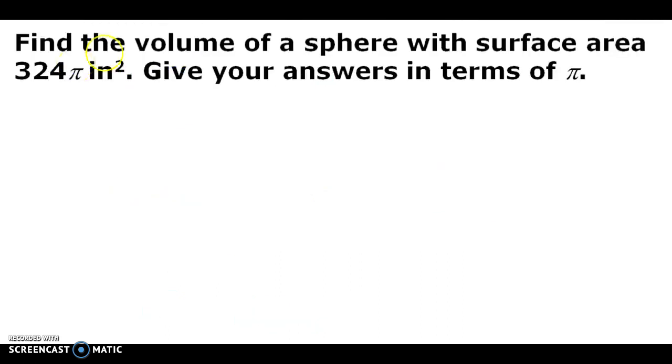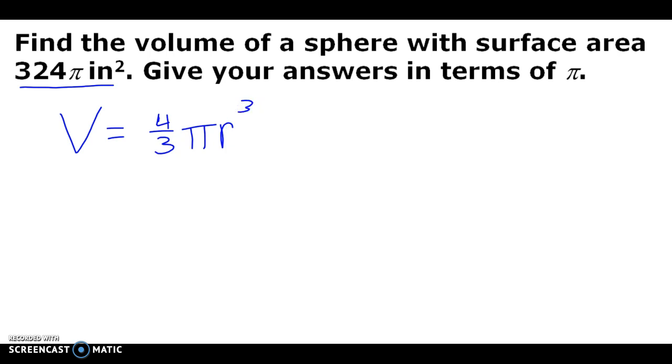So we're finding the volume of a sphere with a surface area of 324 pi. But we're looking for the volume. So what does volume equal? What's our formula? 4/3 pi r cubed. But we don't know the radius.